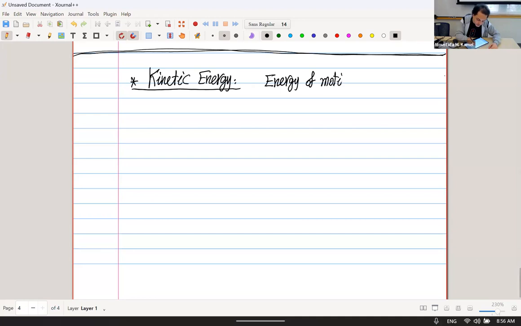So kinetic energy. We already discussed what kinetic energy is last time. We said it's energy of motion. So whenever an object is moving, it has kinetic energy by definition. But we only gave the formula for kinetic energy without proving it.